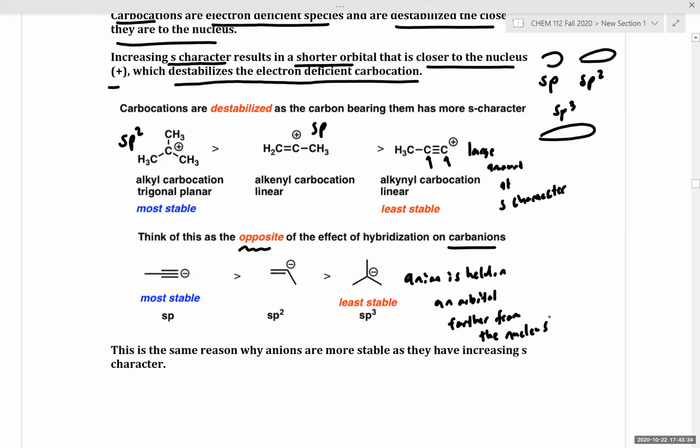So we actually have already seen this orbital effect trend before when we talked about anions. However, in this case, our orbital effects serve to destabilize our carbocation. Does that analogy make sense? Does everyone see the parallels between these two trends that we've discussed?